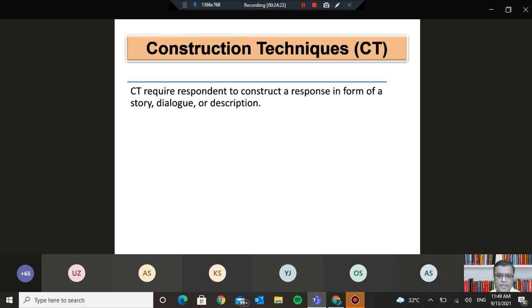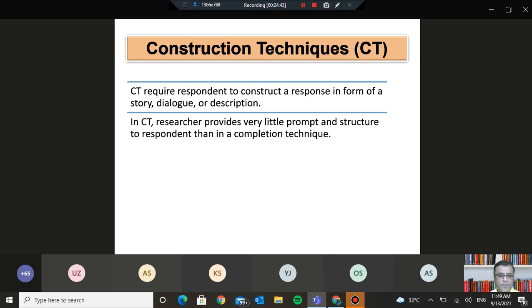So construction techniques, the title itself is telling us something about what exactly will be happening here. Construction techniques means that the respondents will be constructing a response, and this response may even be a story, a dialogue, or some kind of detailed description. So the person will be constructing this response.